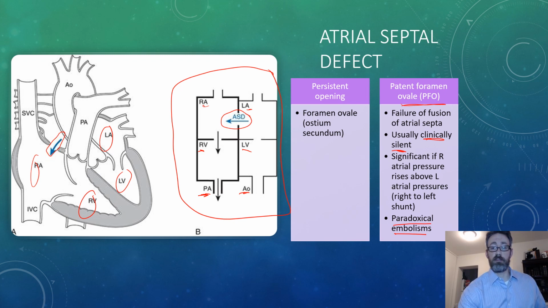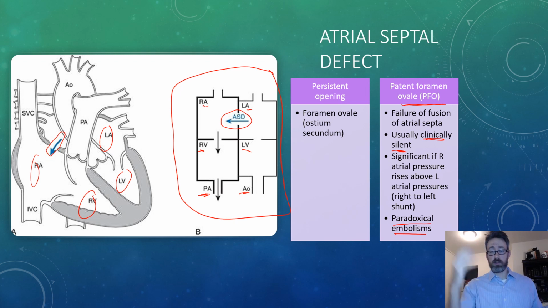wherein you have, let's say, a deep venous thrombosis, which we'll discuss in more detail in another lecture, where an emboli is traveling and it's going into the right side of the heart. Normally it would travel into the lungs because that's the normal pathway, but it might be able to travel from right to left if somebody, say, transiently sneezes or coughs or something of that nature, where the pressures go up transiently in the chest, where it can actually cause that trap door to just transiently or quickly open up.